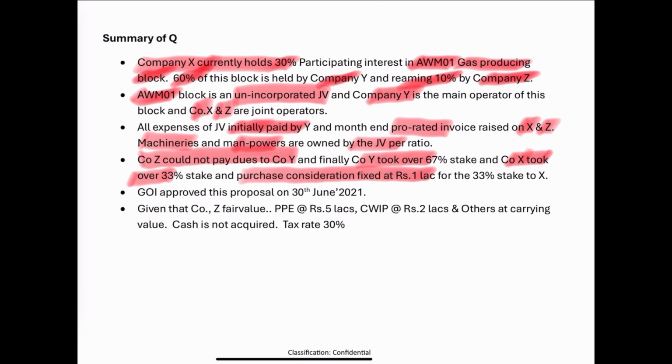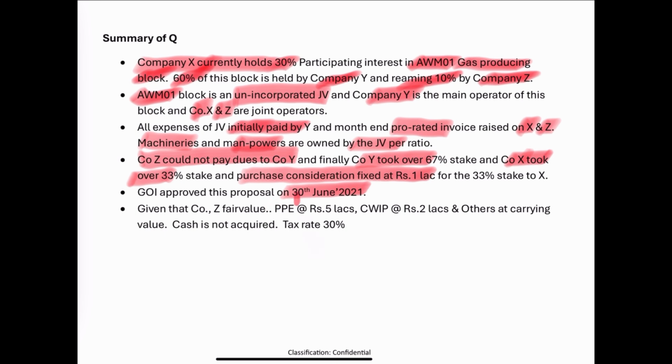Since it's a natural resource extraction, it needs government of India approval, and this approval was obtained on 30th June 2021. Also, in the balance sheet they have PPE, property plant and equipment, and CWIP.